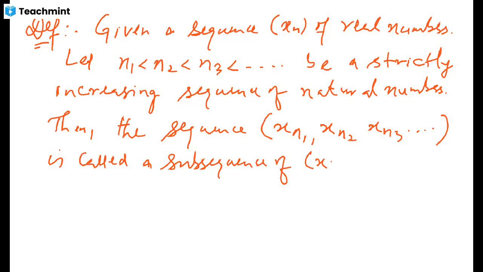So this is what we are doing. हम कुछ टर्म्स बाकी xn में से डिलीट कर रहे हैं, ये n1 n2 n3 वाली टर्म्स को रख रहे हैं, so then this is a subsequence. Is it okay?